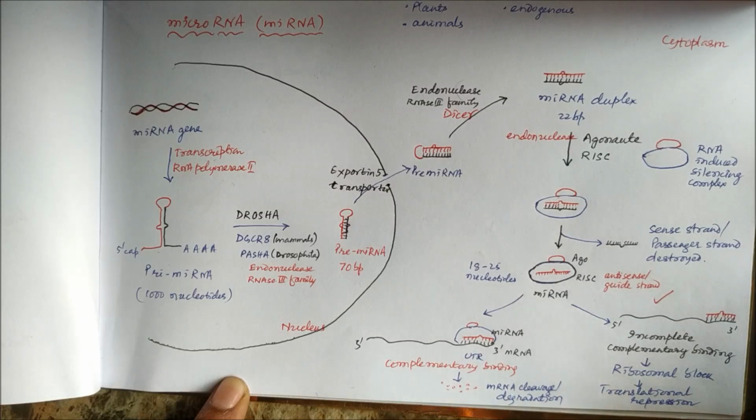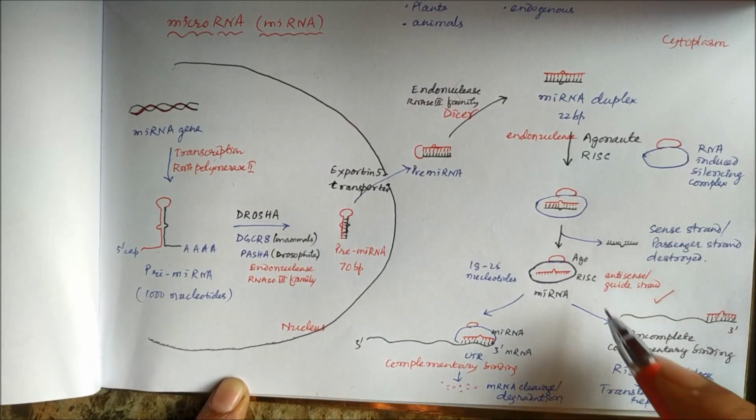As we know, a ribosome has to pass through the messenger RNA to produce the required protein, and this complex will block the ribosome. So ribosomal block will stop the translation process. So there will be translational repression.